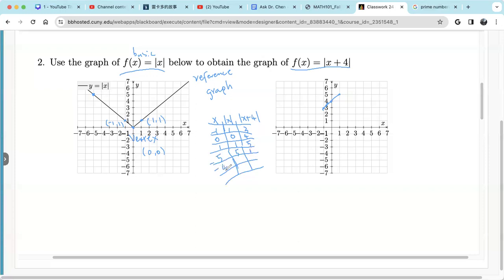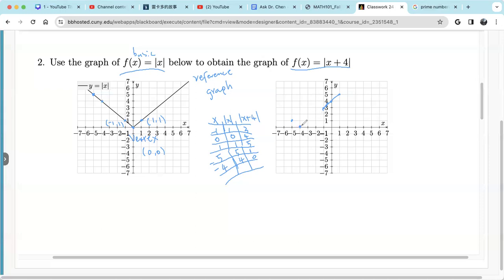Then maybe we do negative 4. The absolute value of negative 4 is 4, and negative 4 plus 4 is 0, and the absolute value of 0 is 0. So let's graph those 2 points: negative 5, 1 and negative 4, 0.